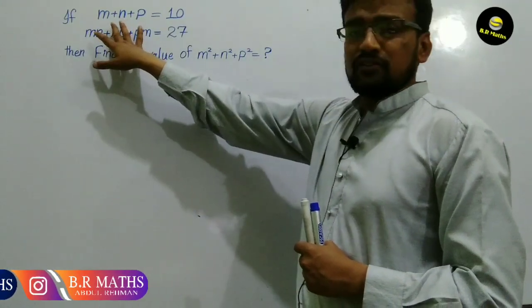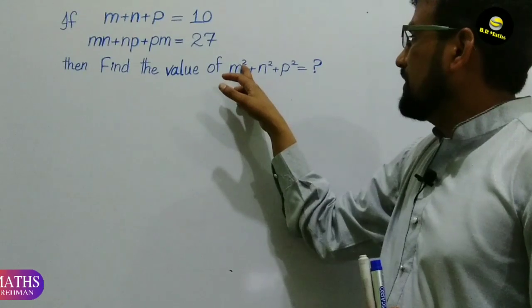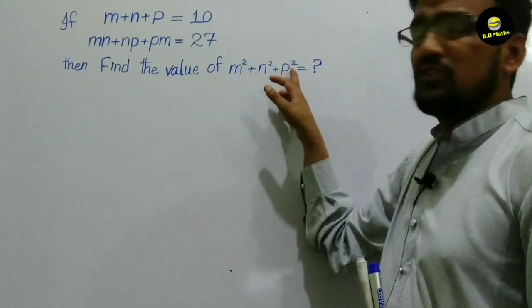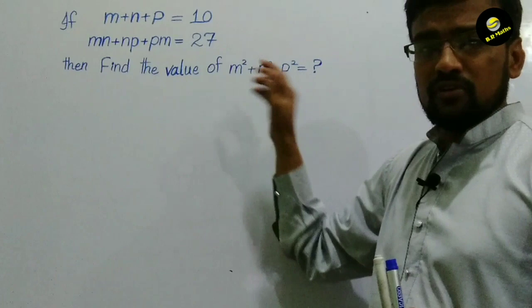So there are three variables and we need to find the value of m square, n square, p square, which means we use the formula for a square.